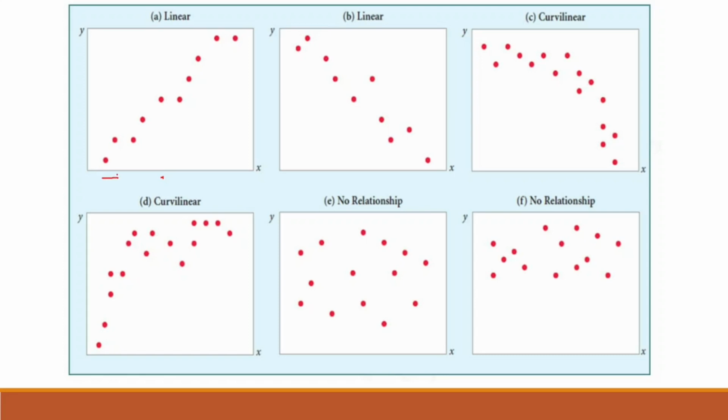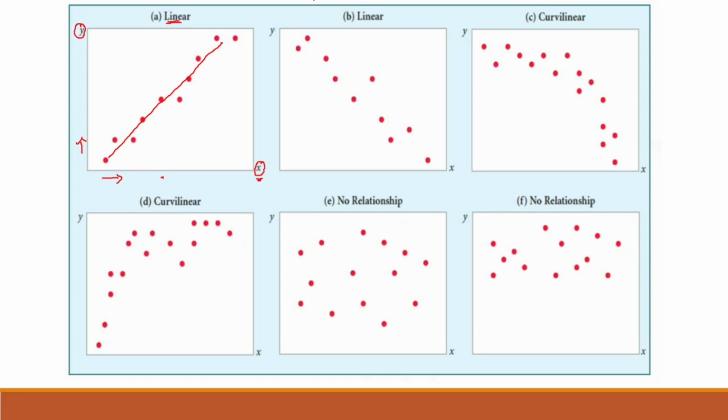As I increase the x value, the y value also increases, so I can form one straight line here. So in this diagram I have a positive correlation between the independent variable, normally represented as x, and the dependent variable y.